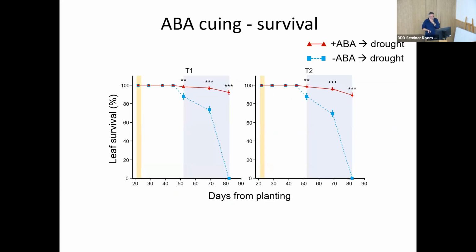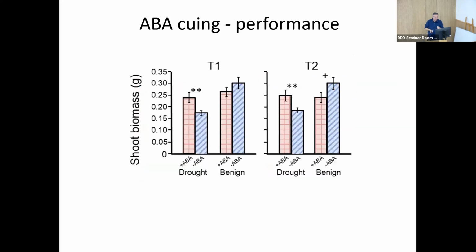Much greater survival time into drought. The benign controls are not here because they were 100% throughout. And there were even some performance implications, with increased performance under drought with the communication of the ABA cue, and a cost under none. So what did we have so far?